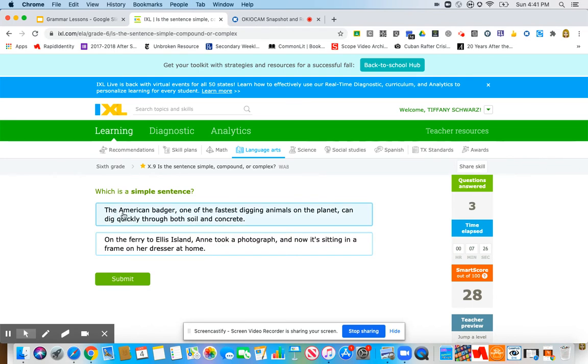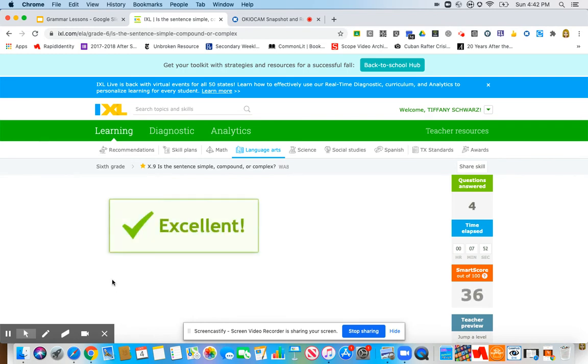For this one, the American badger, one of the fastest digging animals on the planet, can dig quickly through both soil and concrete. This is a simple sentence with an interrupter. The reason why this has commas around it is that I can take it out of the sentence and the sentence still makes sense. The American badger can dig quickly through both soil and concrete. That is still a simple sentence.